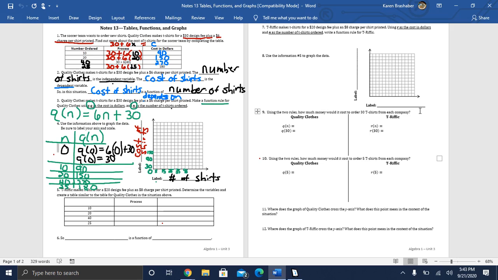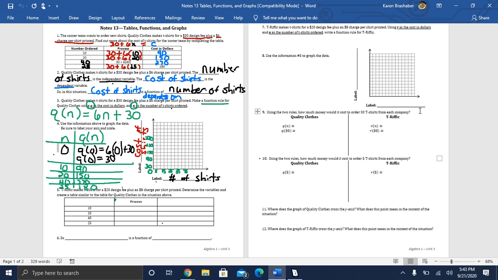And we have 180. The next one will be 210. Then 240. Then 270. And we could keep going, but 270 is the top number in my table. So I'll stop there. And now you will plot your points.